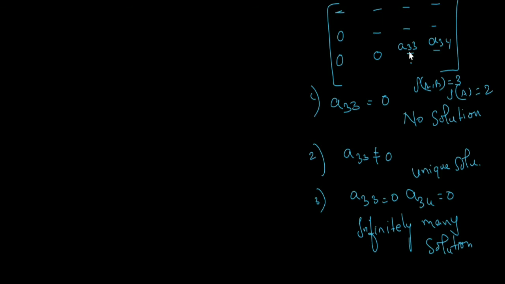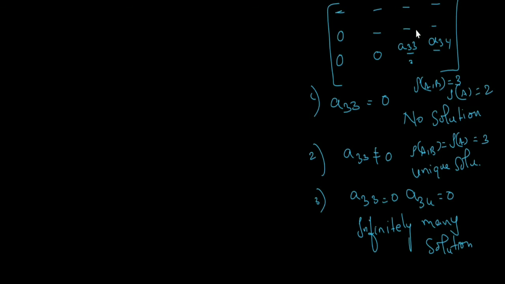Now if this is not equal to 0, suppose there is a number here. Then rank of AB is equal to rank of A is equal to 3. Then you get unique solution, because there is a number here. So if you count the number of non-zero rows, rank of AB will be 1, 2, 3 because this is a non-zero element.